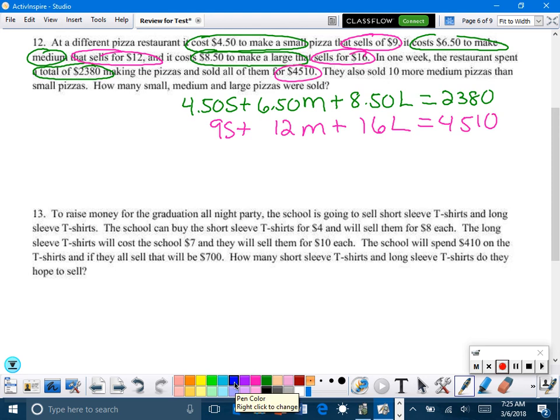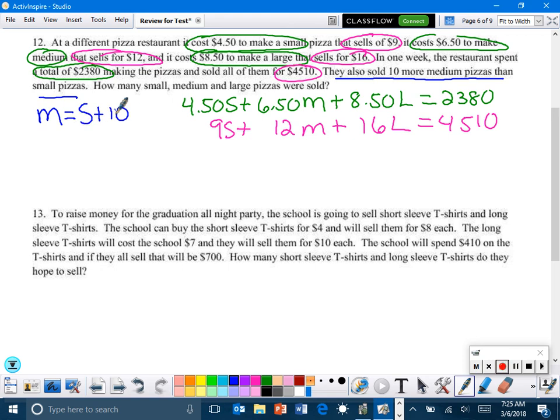So, the second last sentence says, they also sold 10 more mediums than small pizzas. Okay, so off to the side, I'm going to do a little bit of scratch work. They sold 10 more medium pizzas than small pizzas. So the medium is going to be the number of small pizzas plus 10 more.